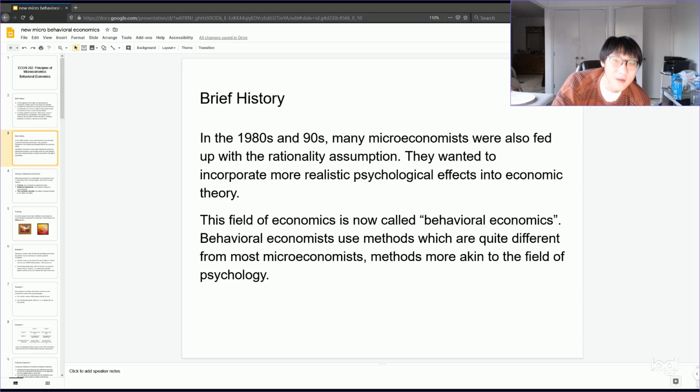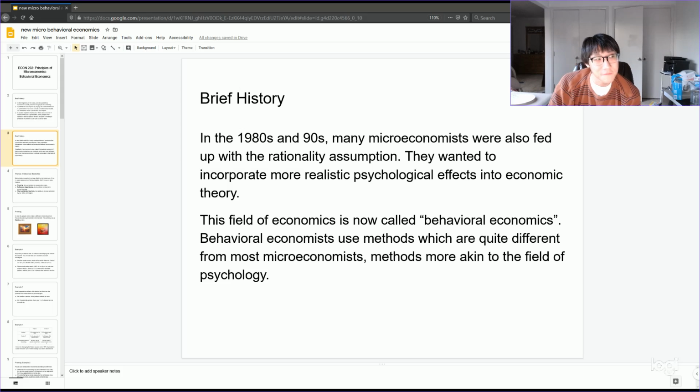Well, I told this student, I get you, and a lot of economists back then were also thinking the same thing. These economists in the 1980s and 90s wanted to incorporate more realistic psychological effects into economic theory. And the branch of economics that they created is now called behavioral economics.